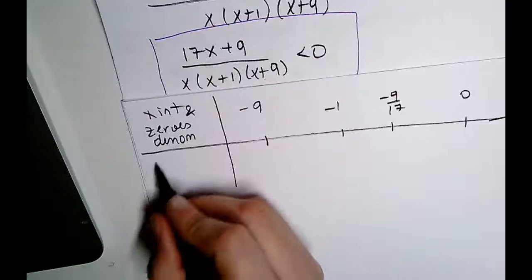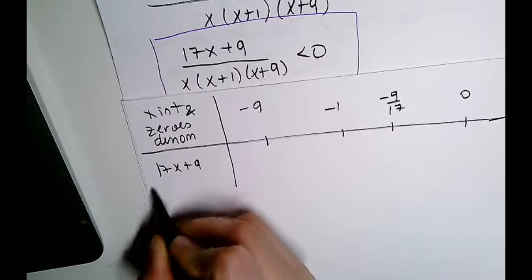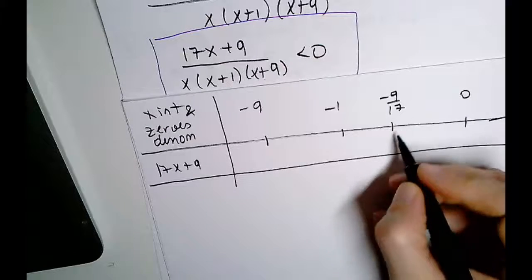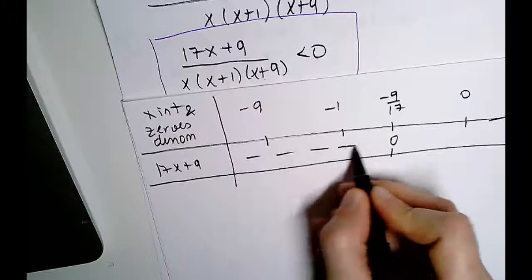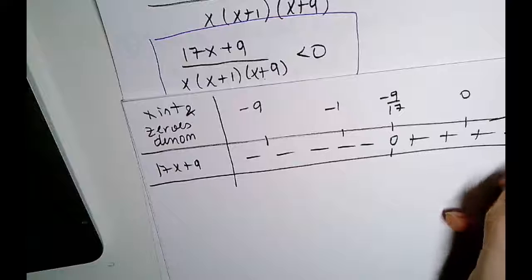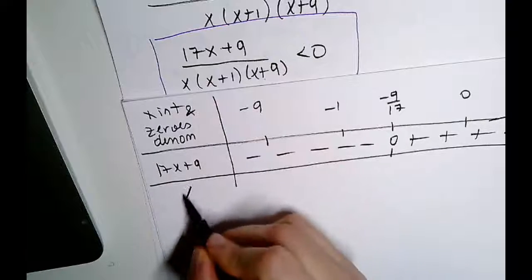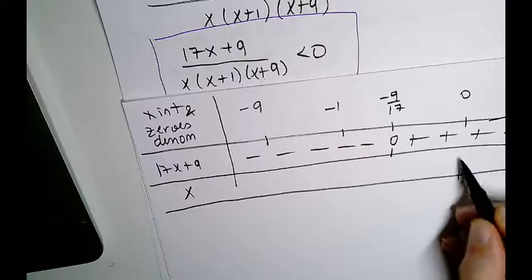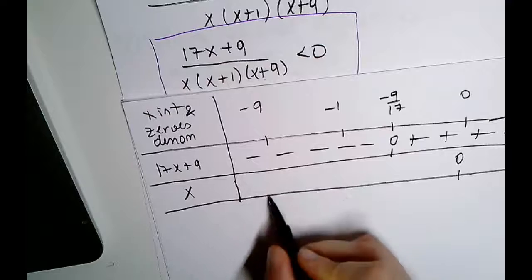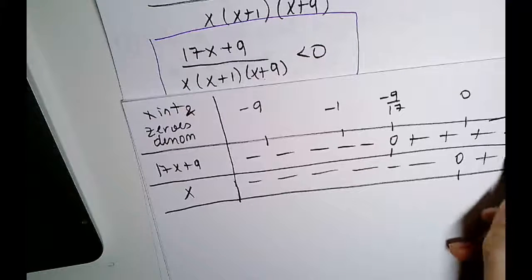17x plus 9. This one is 0 for this, and it's negative before and positive after. The next is for x. Well, x is 0 when x is 0, and it's negative before 0 and positive after.